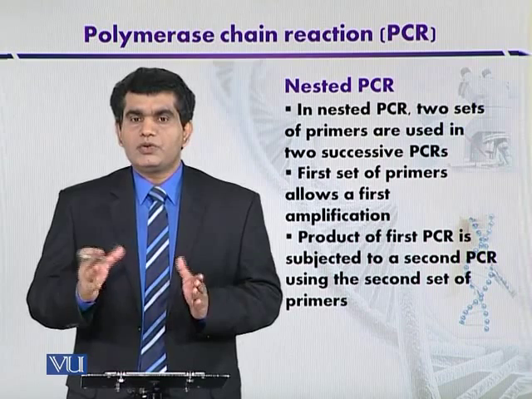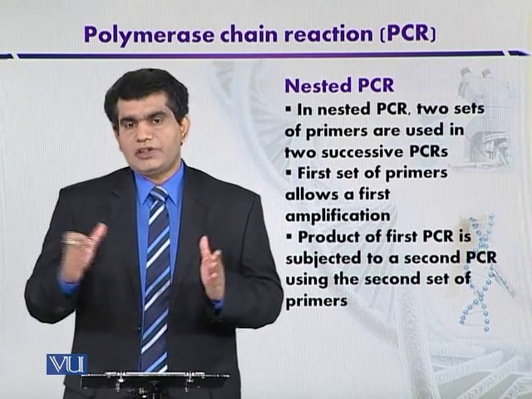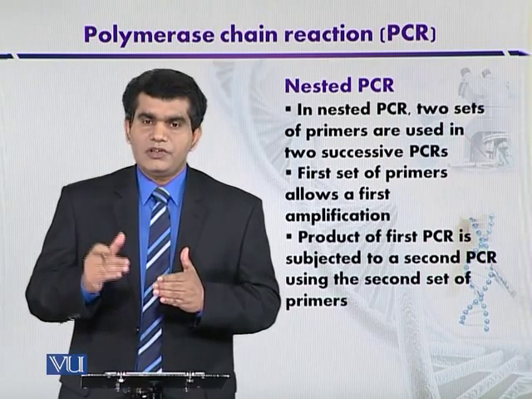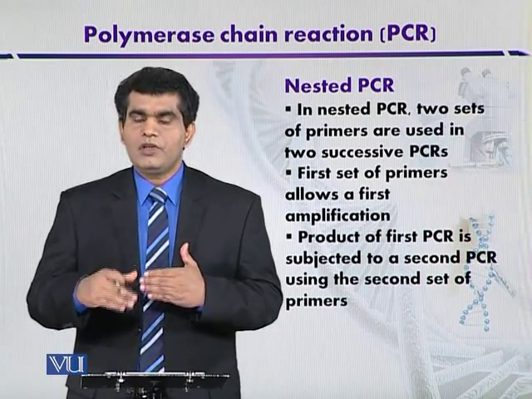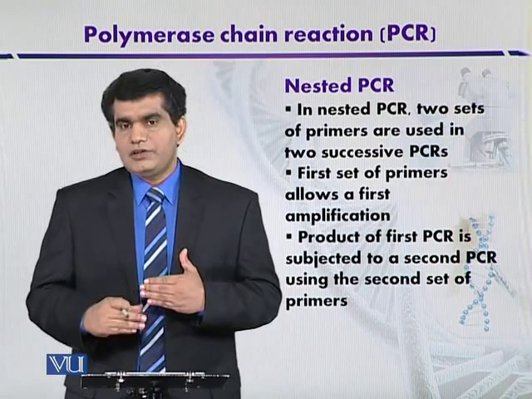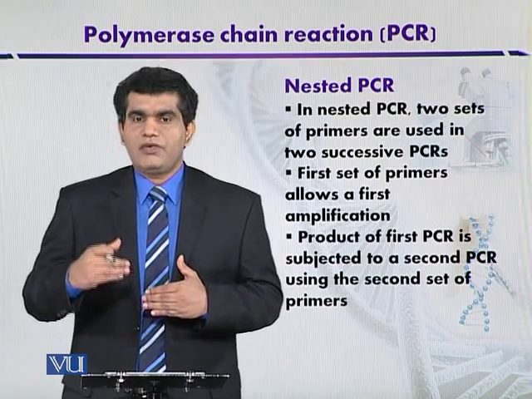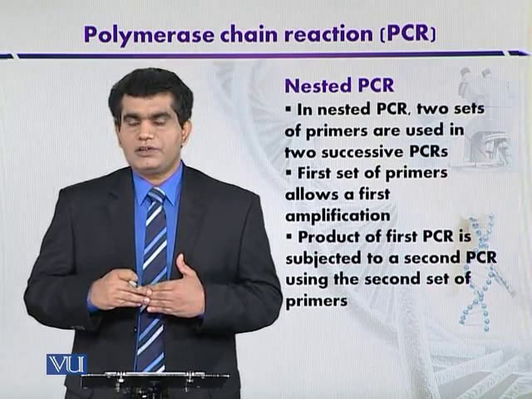So here we use two sets of primers. The first set of primers will bind external to the target DNA. It will generate the first product, and then the first product is again used with the second set of primers, so that this reaction will increase the specificity as well as fidelity in the DNA biosynthesis.